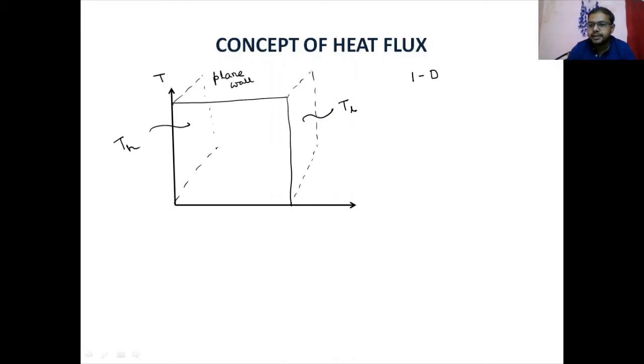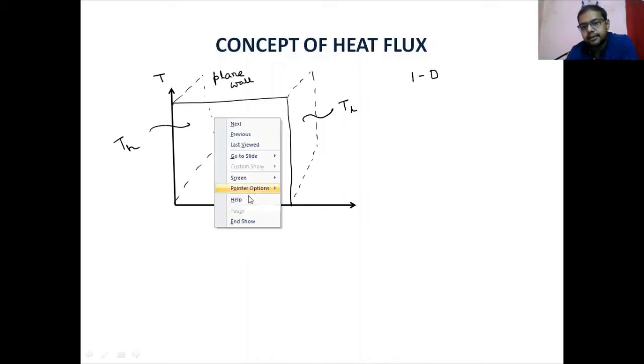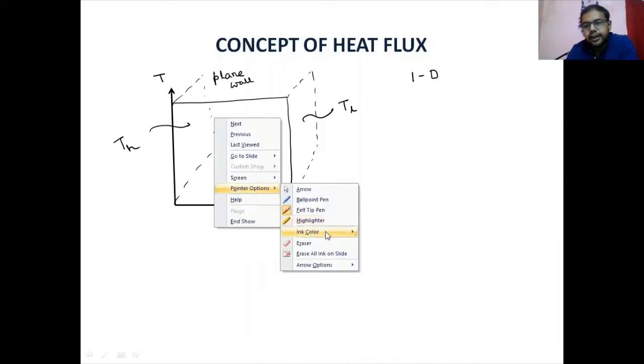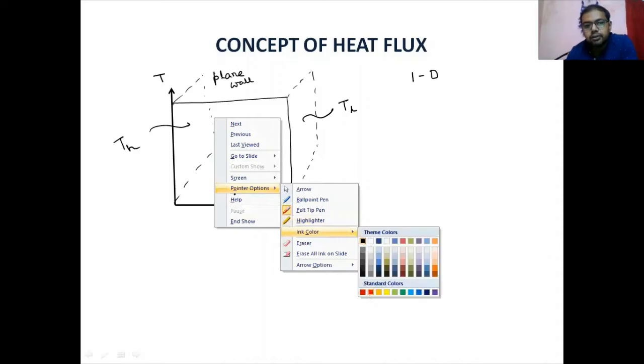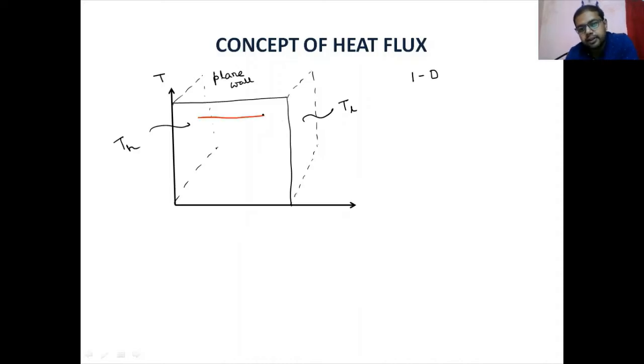So heat flow will take place because one side has higher temperature and one side lower temperature. Heat flows from the higher temperature side to the lower temperature side. That is the direction of the heat flow.